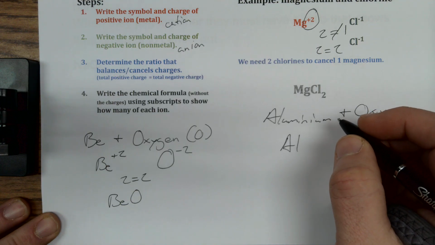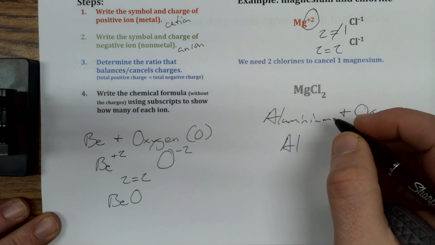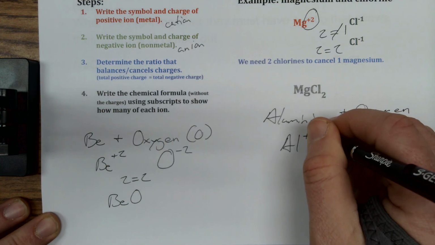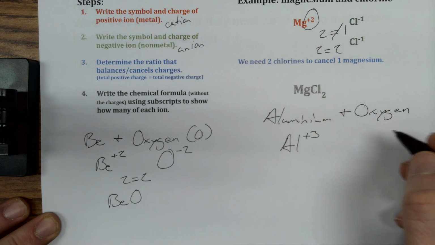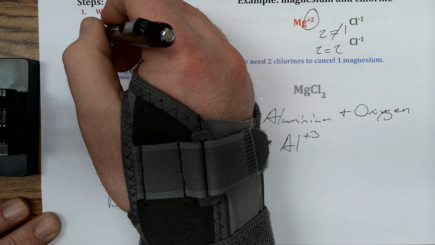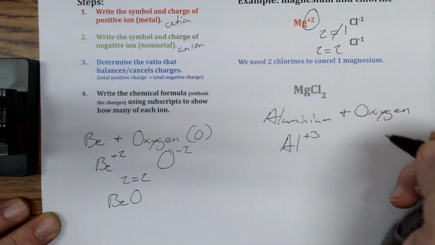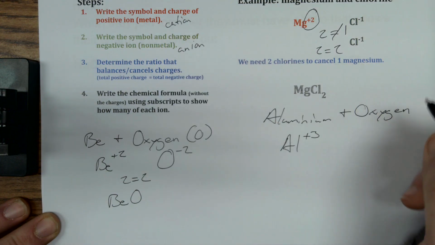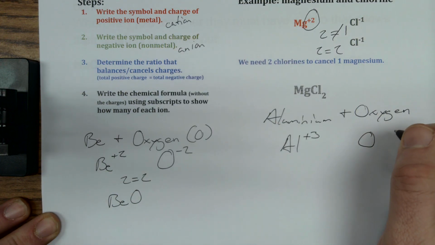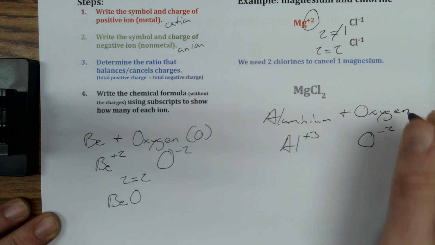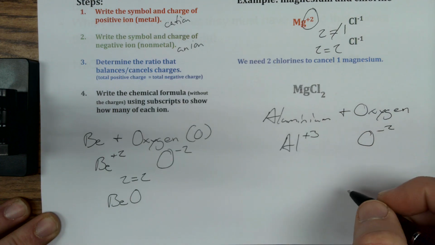Plus what? +3. Write the symbol and charge of the negative ion for the nonmetal, oxygen. What's my negative charge for oxygen? It's literally on the board. -2.